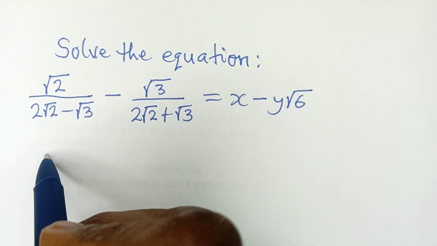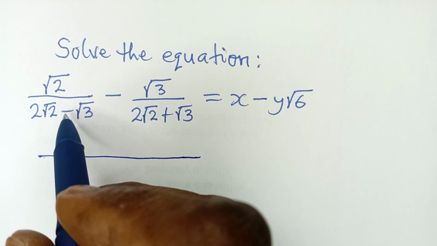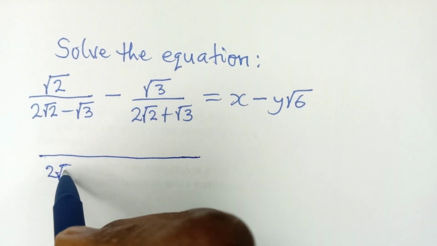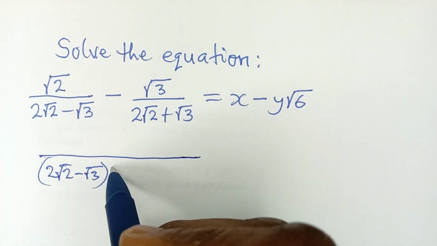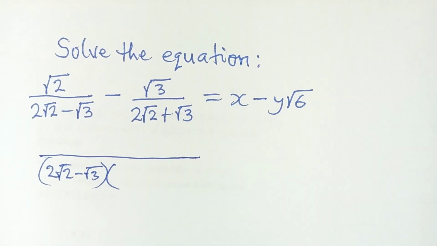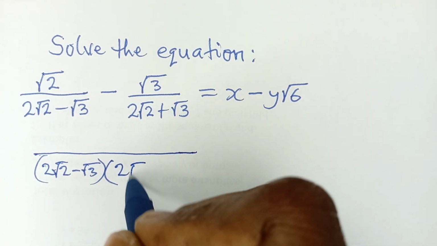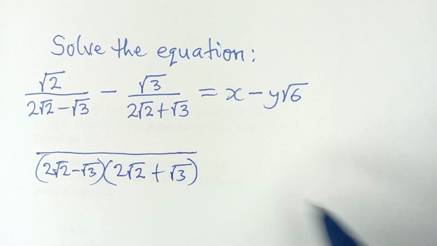So the LCM here, you agree with me that the LCM is the multiplication of this and this. So I can simply say 2 root 2 minus root 3 multiplied by 2 root 2 plus root 3.